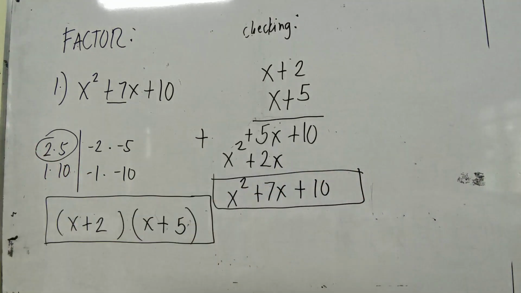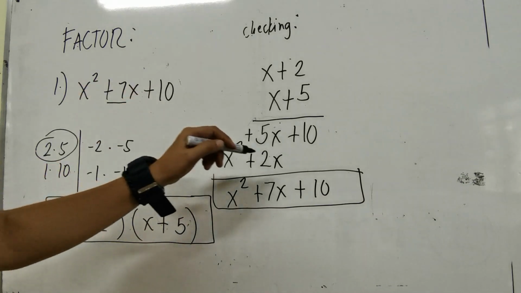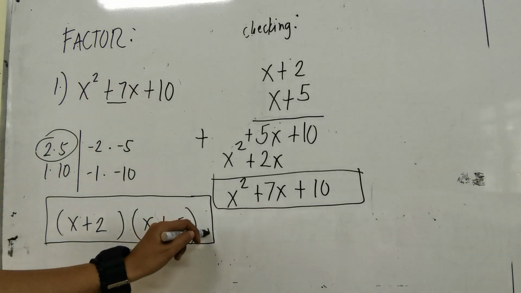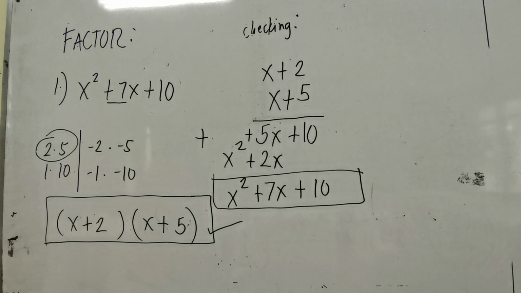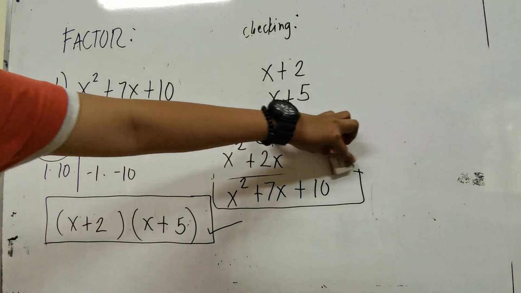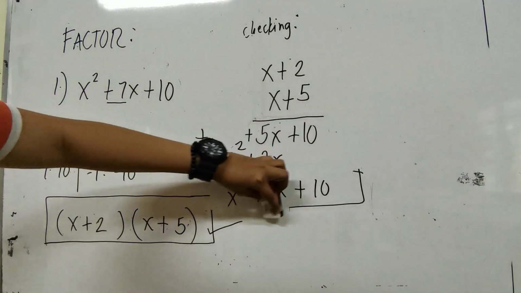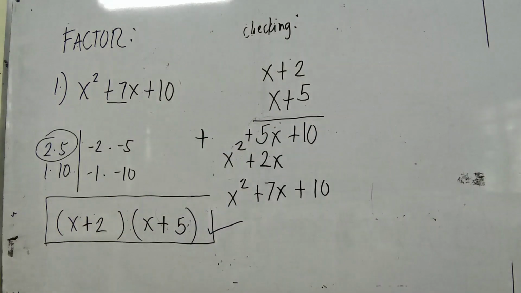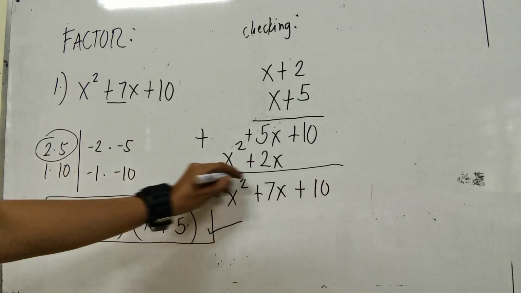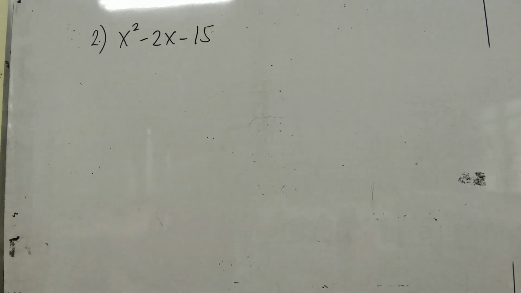So dapat, yung kanyang product ay equal sa given. Ibig sabihin nun, tama ang ating sagot. Or yung ating factor. Anyway, this is just the method of checking. Baka kayo ay malito. Hindi po ito yung ating sagot. Ito yung ating pinakasagot, yung factor na hinihingi.